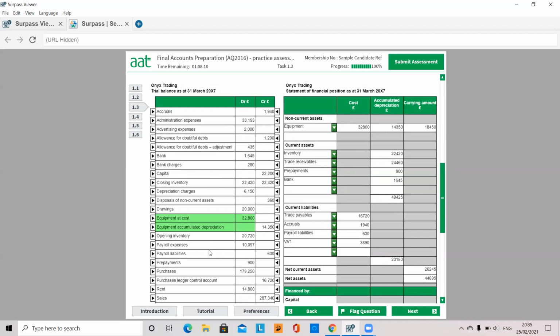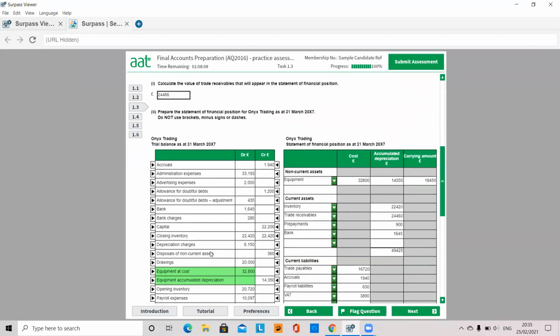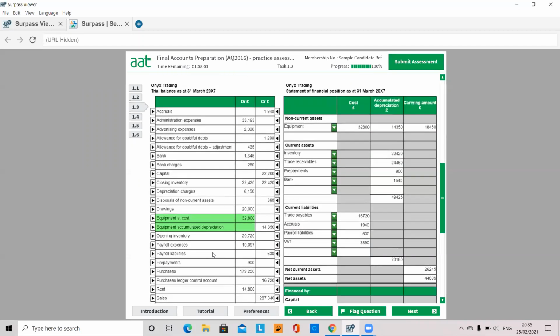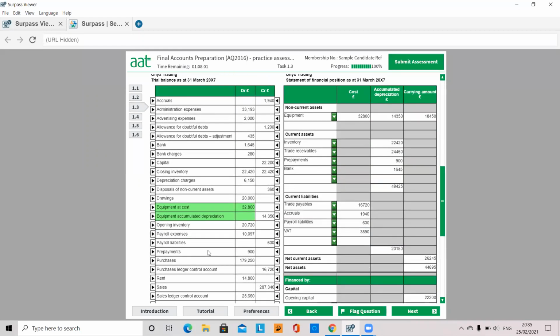The next one we've got is our trade receivables. And again, our trade receivables figure we calculated is, have I done that wrong? I think I've calculated it wrong. I've put in the wrong figure. Sorry, just let me double check.